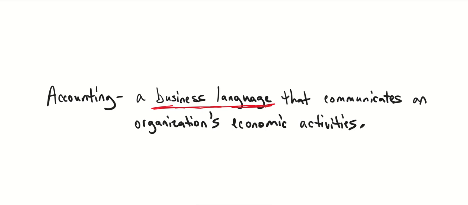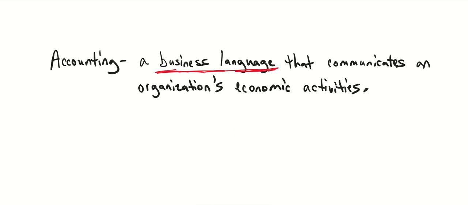Okay. Now, when it comes to this being a business language that communicates a company's activities, well, the first thing we need to do before actually properly and effectively communicating what's going on in a business is we need to first figure out what a business is comprised of, what a business is made up of. So the first thing that a business is made up of is pretty much what they own or control.